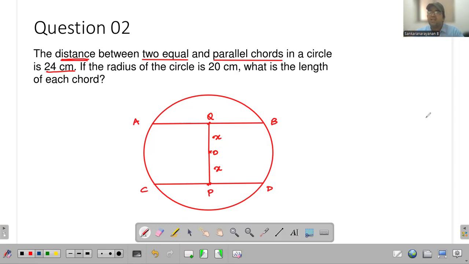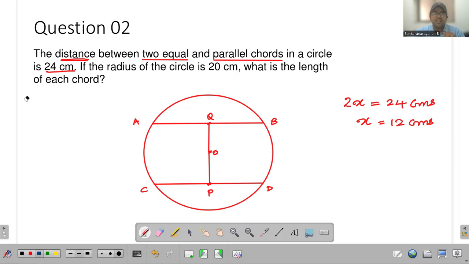So 2x, the distance between the two parallel chords, is equal to 24 centimeters. And that gives me x equal to 12 centimeters.